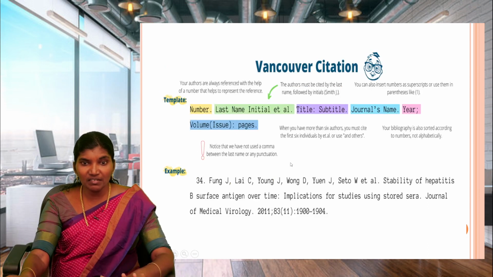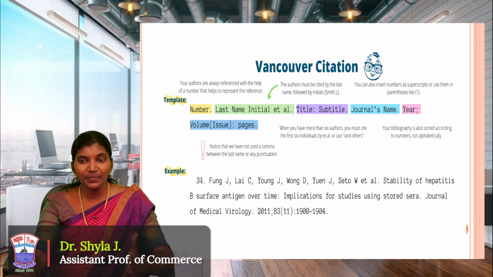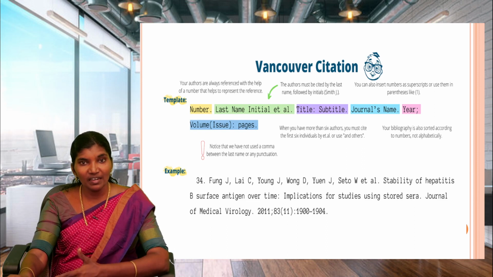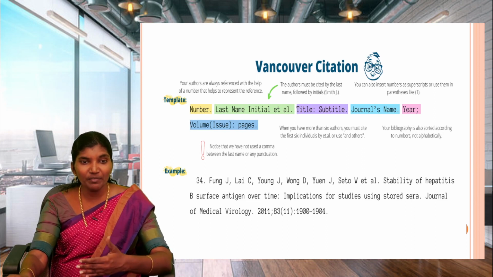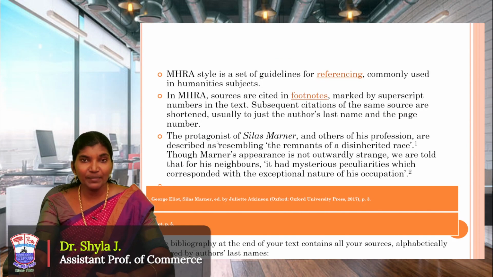This Vancouver citation includes the number 34 and contains the same reference details: author name, title of the paper, journal name and year, everything in the same order. The only thing is that it starts with a number. This number will be enclosed in the text paragraph, and the reference for that number we can include either at the end of the paper or in the footnotes. And another one is the MHRA style.